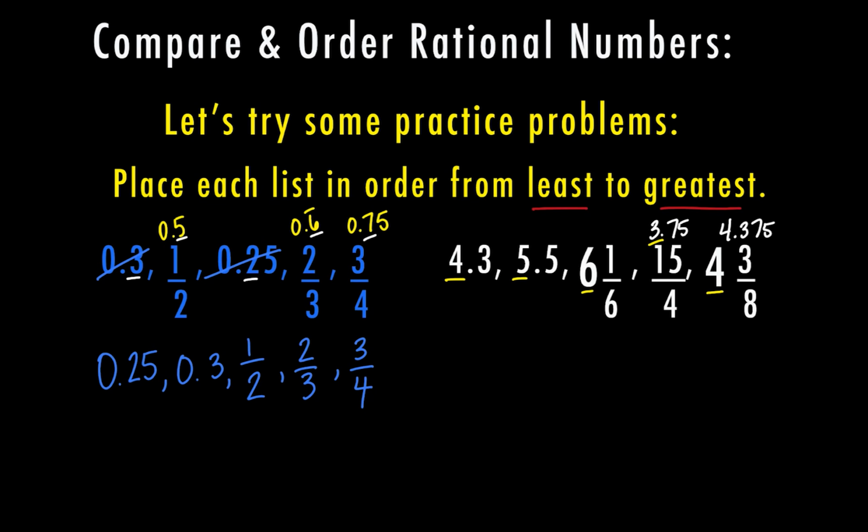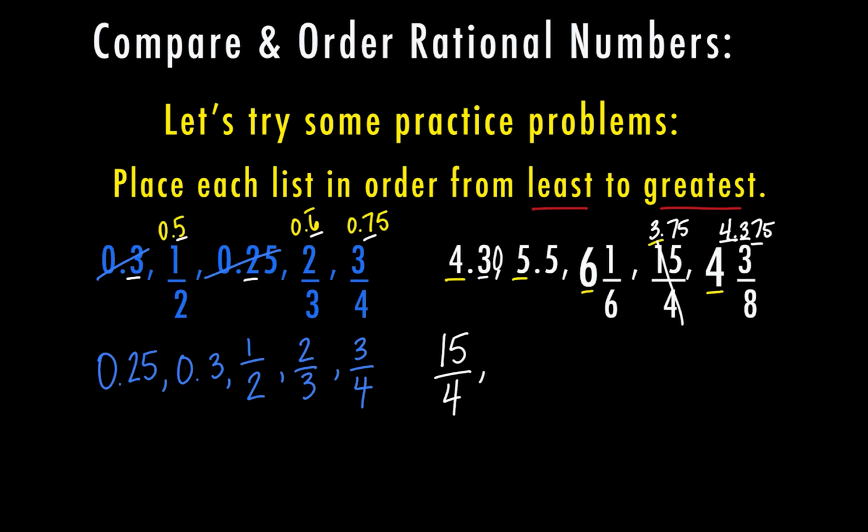And really all we're doing is looking at our whole numbers first. 3 is clearly the smallest whole number, so that means that 15/4 is my smallest number on the list. Now I have to go to the next whole number, which is 4, and these 4s match. The tenths place matches.